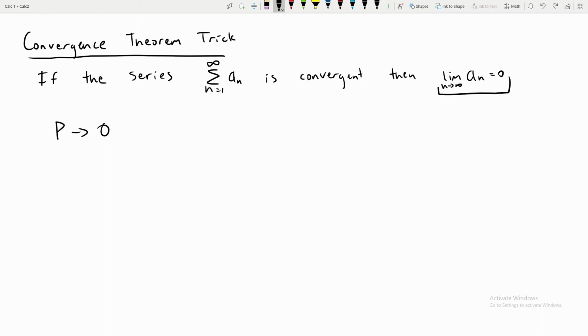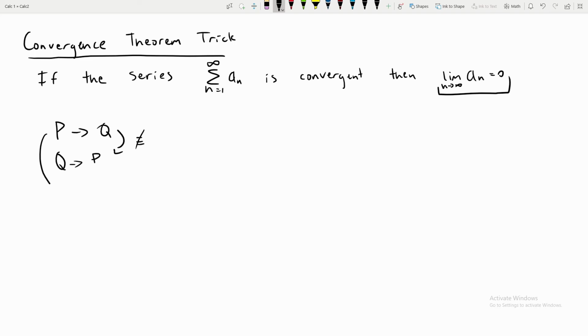In propositional logic, you generally write that as P implies Q, meaning if P then Q. But as we said, this doesn't really help us, and we can't just rearrange this and say that Q implies P. We can't say that if the limit of a_n equals 0, then the series is convergent. These two are not logically equivalent, so we can't do that.